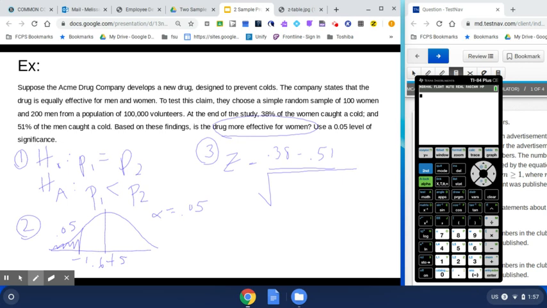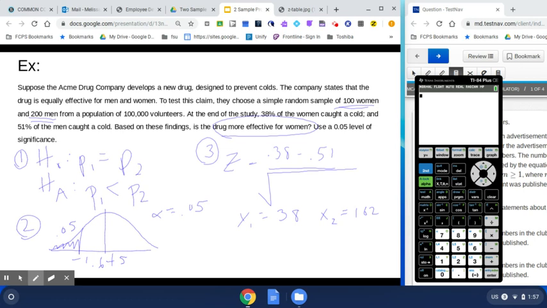So if 38% of 100 women got sick, X1 would be 38. If 51% of the 200 men got sick, that means that out of those 200 men, 102 of them got sick.